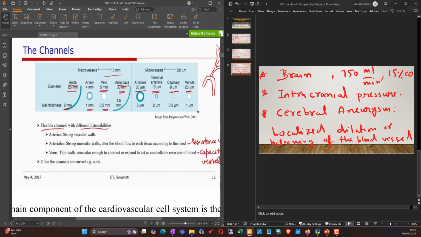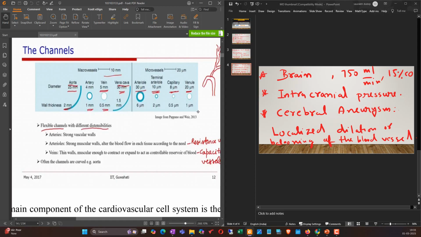So these were the typical channel dimensions within the body, within our veins, inside the body, and if you see, the minimum one is 8 micrometer, right? Also, when the diameter is less, the wall thickness is also less.